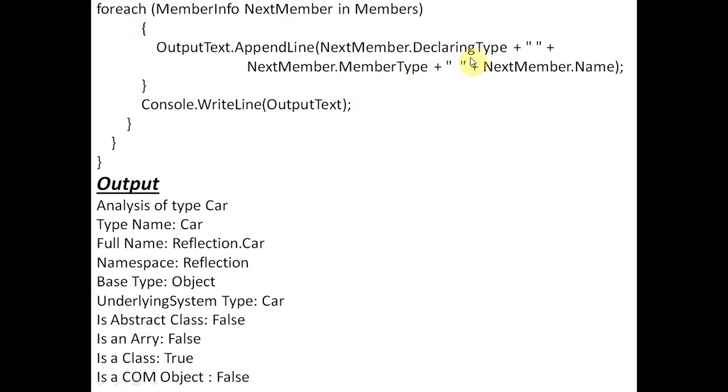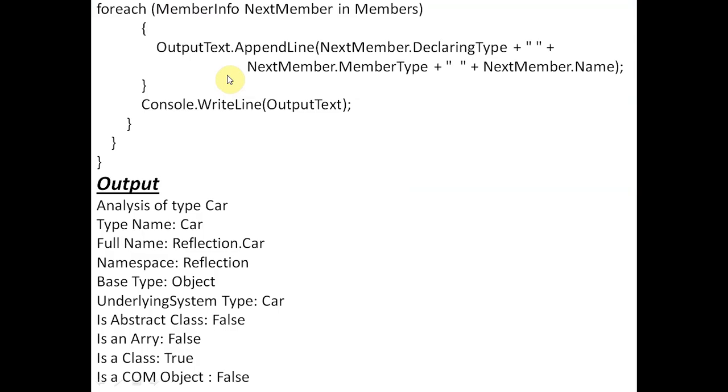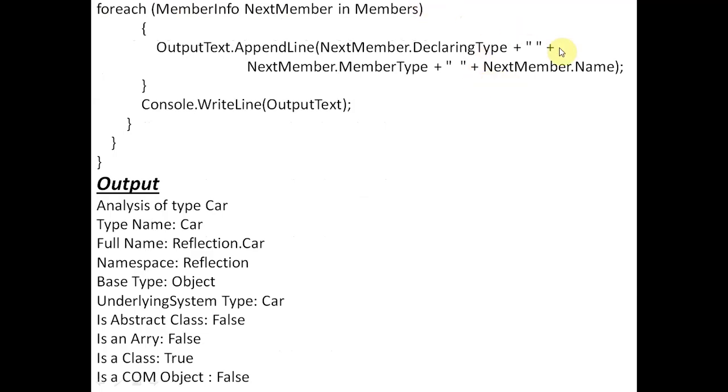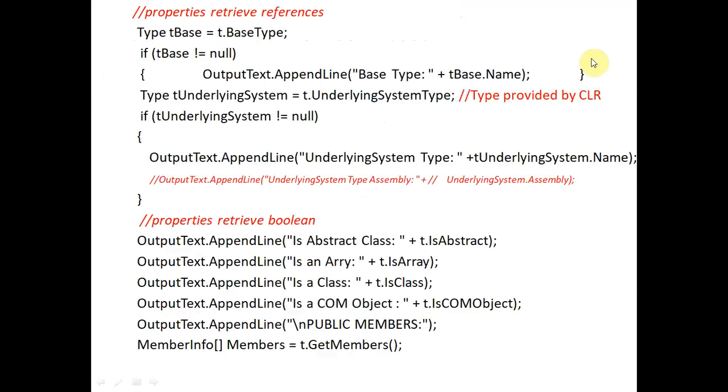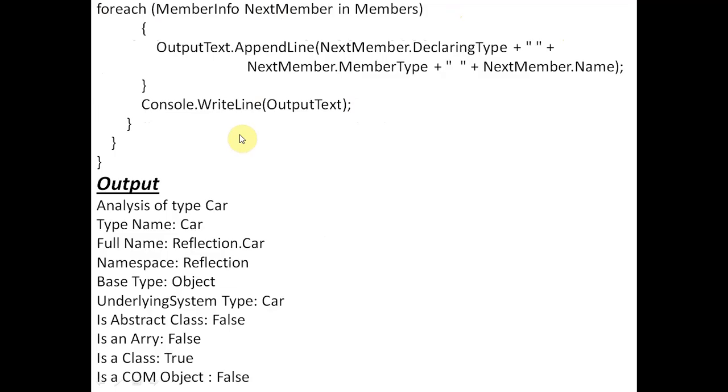The declaring type will be the same, reflection dot car, for all four methods. Again next member dot member type is method, and next member dot name is accelerate. This is accelerate.